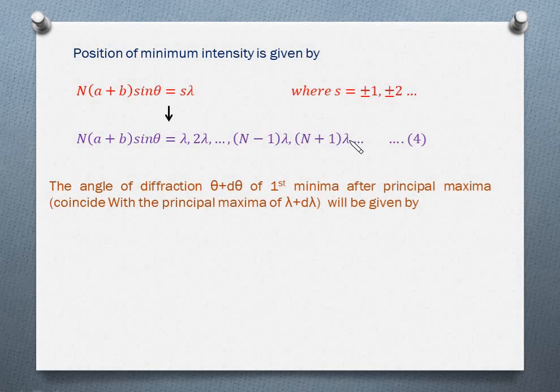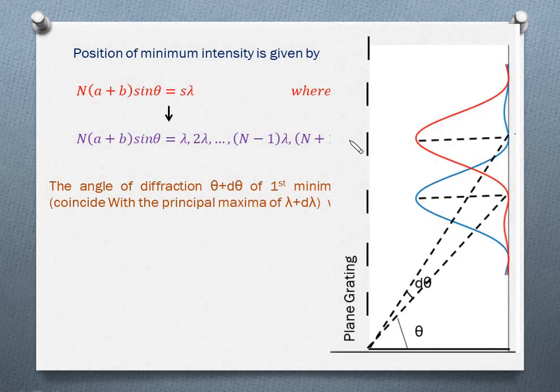Now we know the angle of diffraction for the first minima is theta plus d theta after the principal maxima. We can just revisit that schematic. Suppose any order of principal maxima has angle theta, then the first minima just after the principal maxima has angle theta plus d theta. So we can use these two concepts to write the condition only for the first minima.